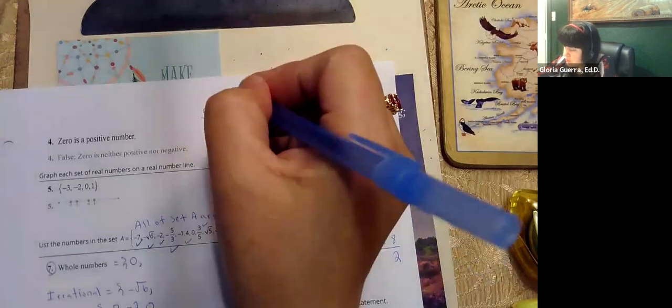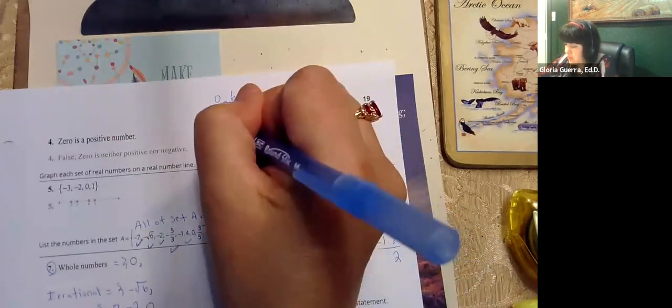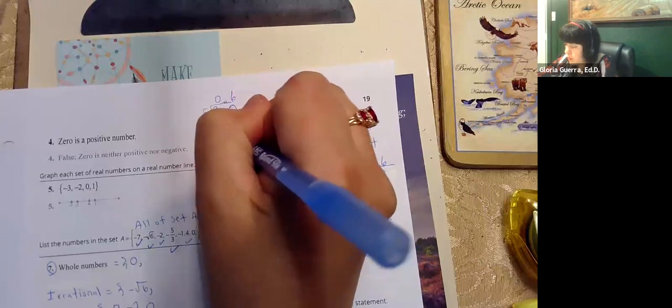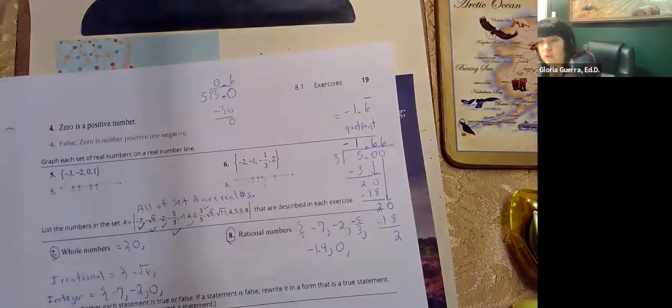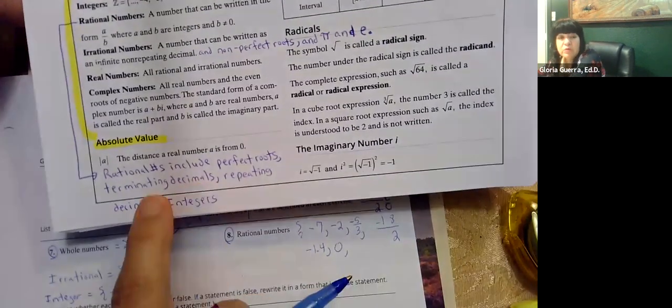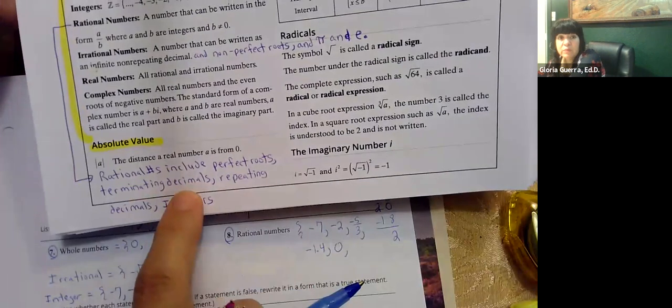So that terminates. It's a terminating decimal, 0.6. And if you look at your paper down here, rational numbers also include terminating decimals.